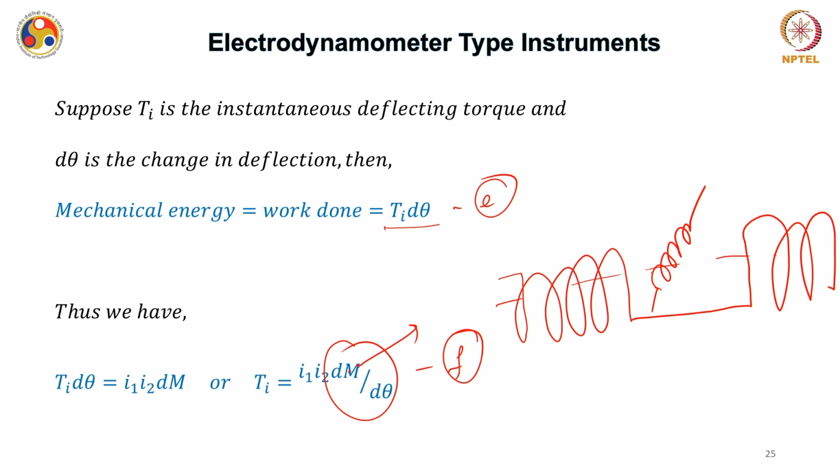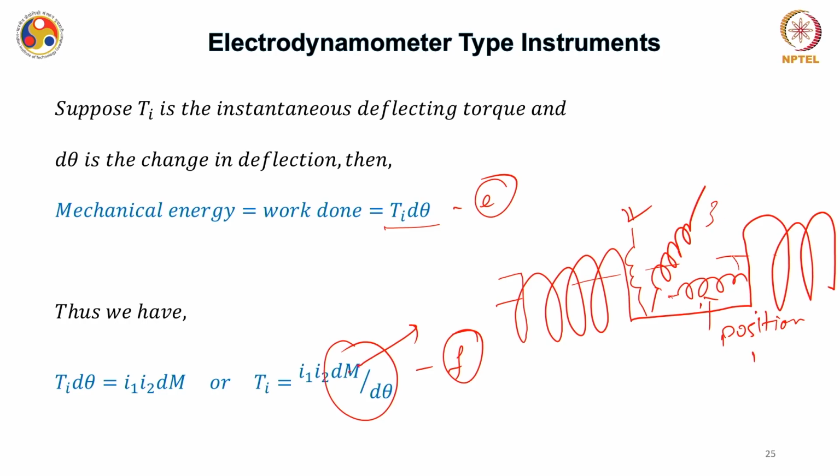So when it is straight, like in this position, I am calling this position 1. Say this is position 2, and this is position 3.